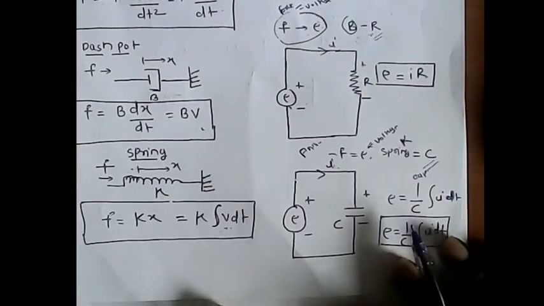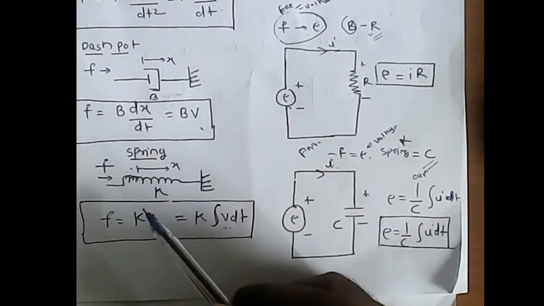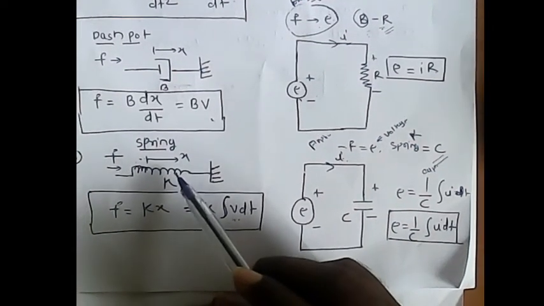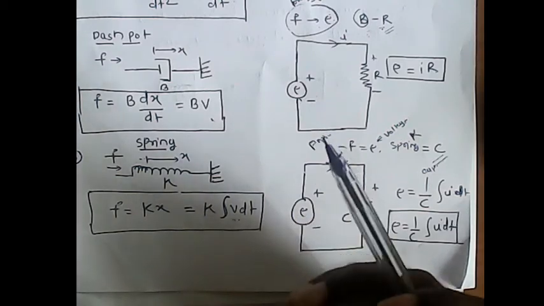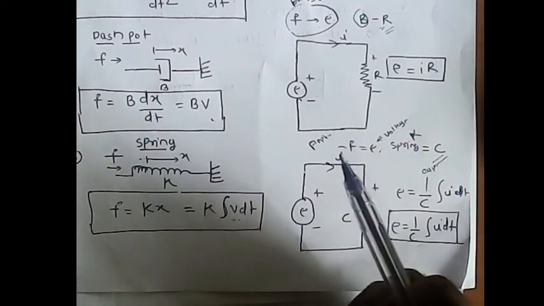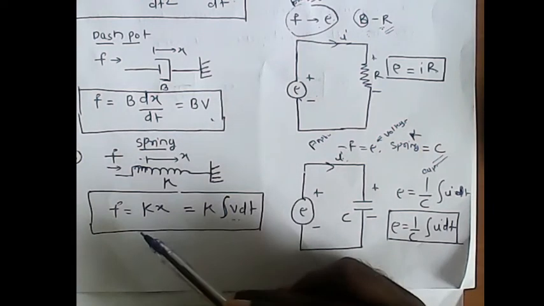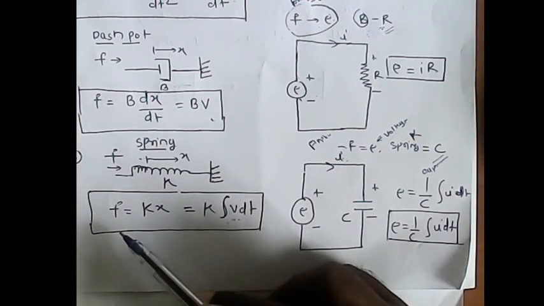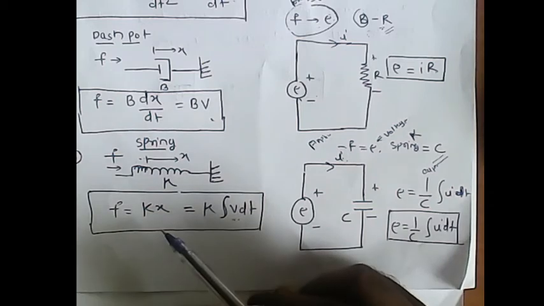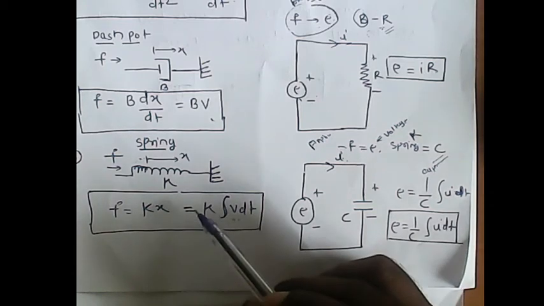Similarly, when we apply a force on a spring, the spring has the property of elasticity, so it offers an opposing force in terms of that elasticity. This opposing force is calculated as F equal to K x, where K is the spring constant and x is the displacement.